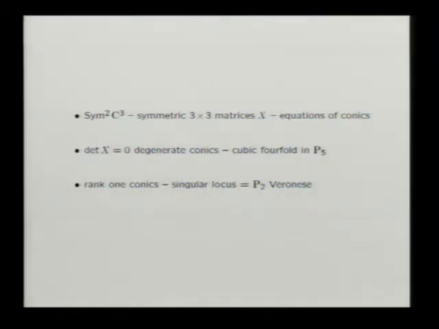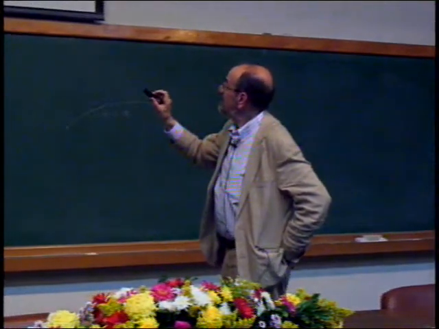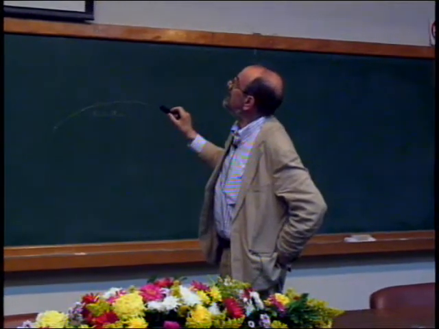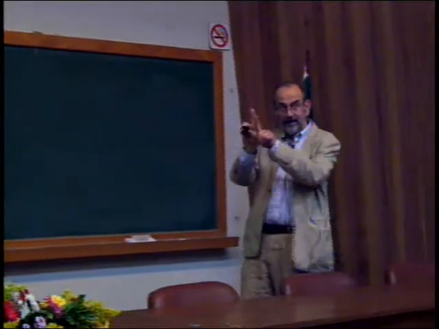It's not a smooth cubic, and so the conic can be a pair of distinct lines, or it can be a double line. So the rank 1 conics consisting of double lines, that's the singular locus of this cubic, which is a copy of P2 sitting inside P5, and that's this Veronese surface. So what happens here is that actually the rank 1 conics are where the 2 lines coincide.